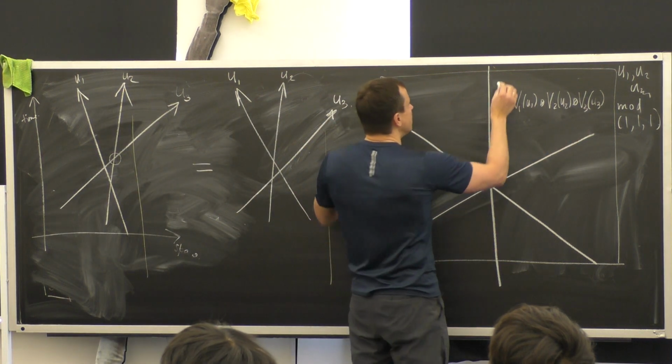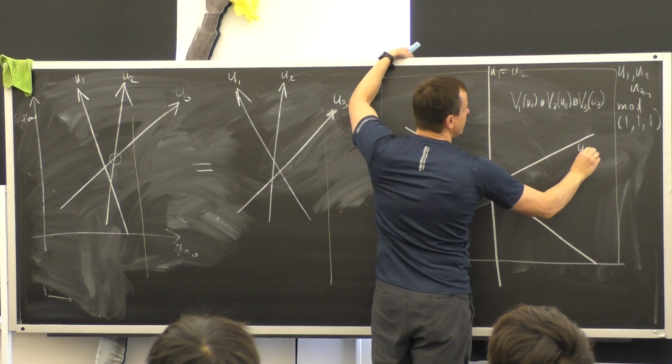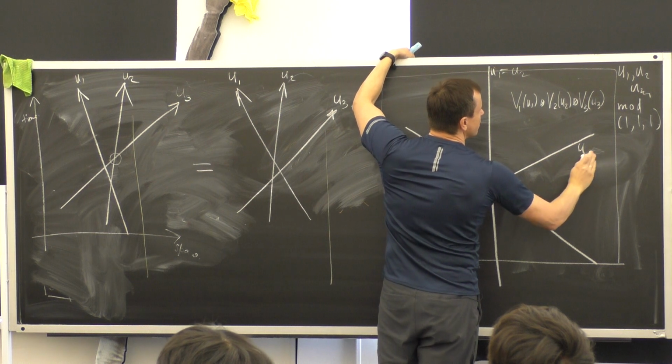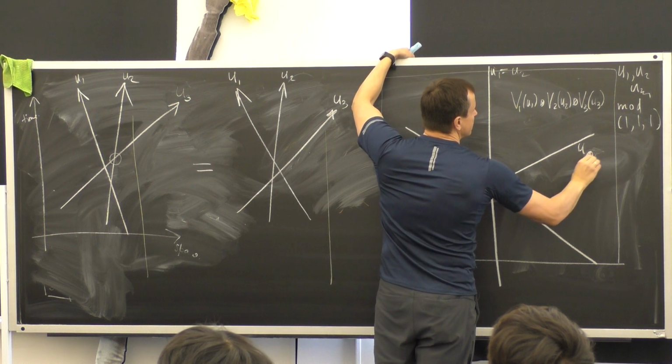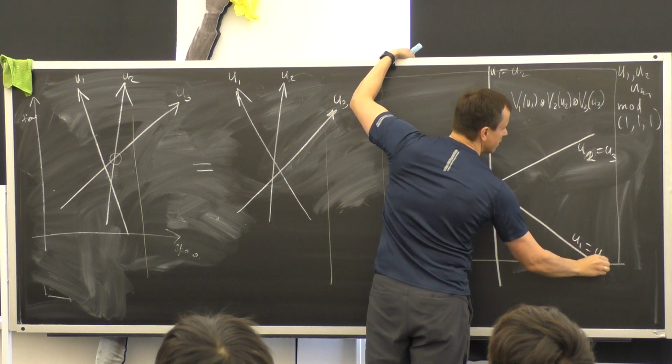And here is where U1 is equal to U2, this is where U2 is equal to U3, and this is where U1 is equal to U3.